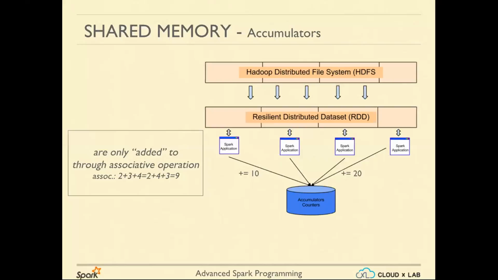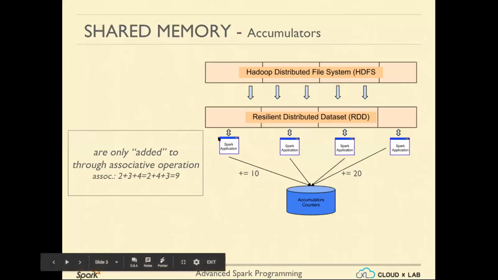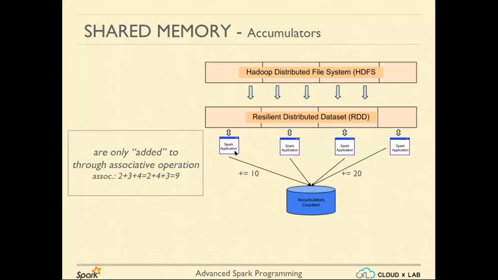In that case, you can use accumulator. All of your Spark applications running on all machines will keep on giving you the data back here. Let's say this is printing the logs or giving the progress. They can basically give you real-time feedback, the real-time logs of the process. For those you can use accumulator.